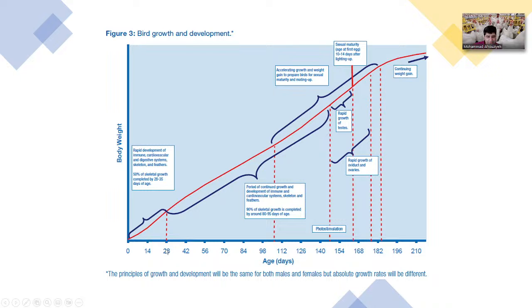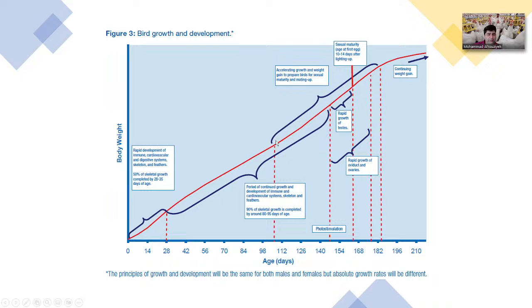After that, from 28 days of age all the way to 110 days of age, growth continues, and development of the immune system, cardiovascular system, skeletal system, and feathers continues, and by the end of 110 days 90% of skeletal growth is completed by around 80 to 95 days of age. After that we have photostimulation, and as you can see here, it happens around 150 days of age for this breed, which is Ross.